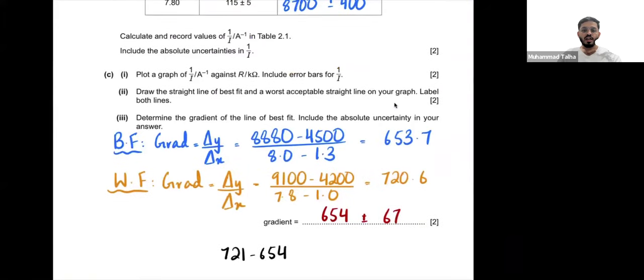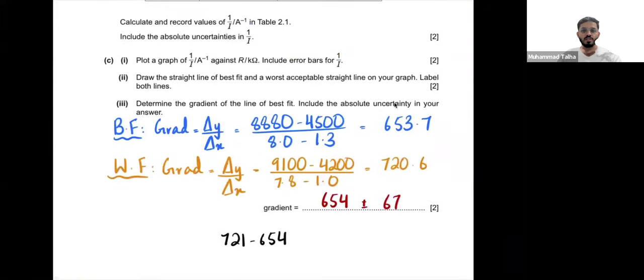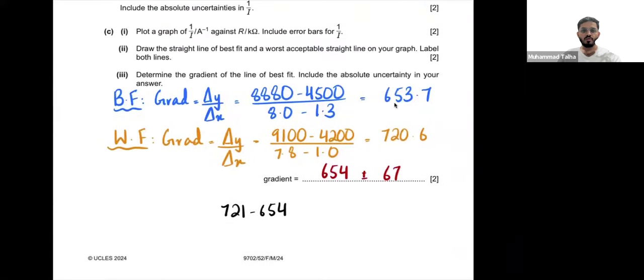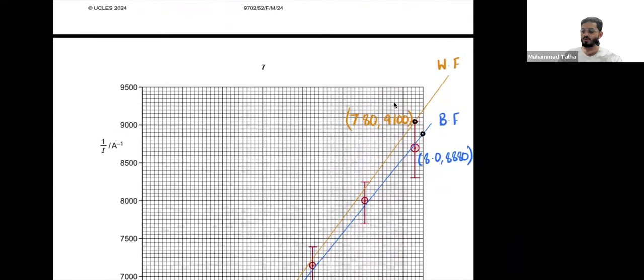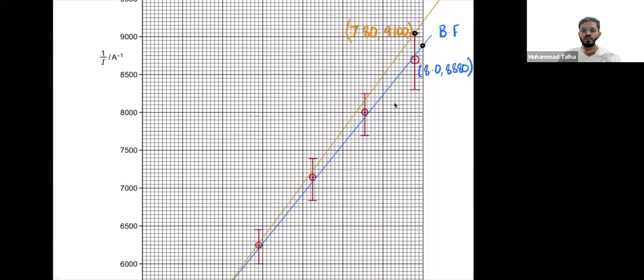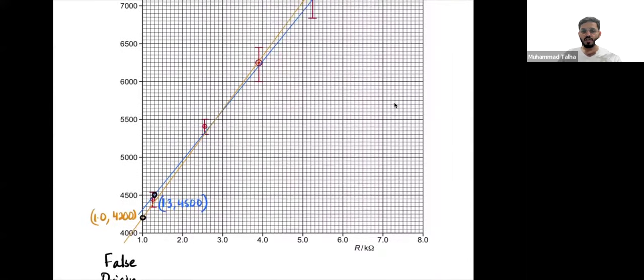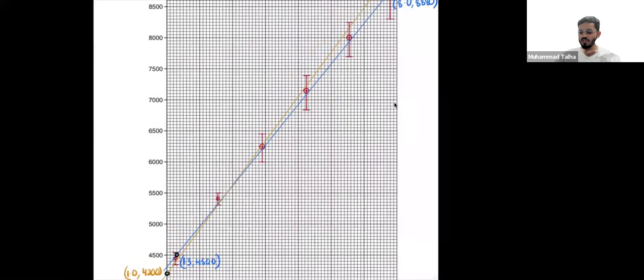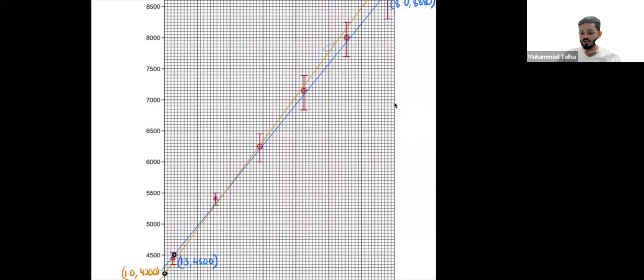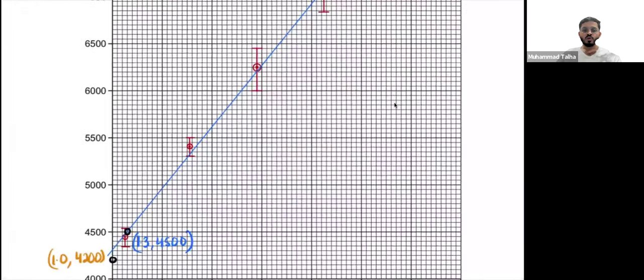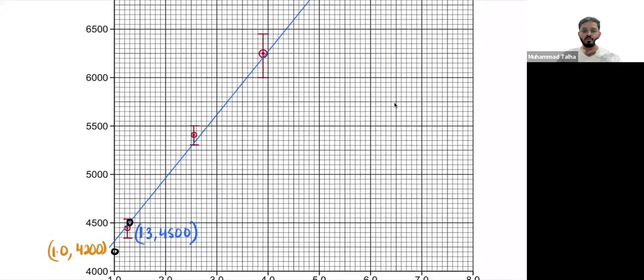Now I need to draw a line of best fit, versus an acceptable straight line as well, and you have to label both lines. Best fit is this, worst fit is this. For the line of best fit, let me get rid of this for a while, then I'll have this back in. These are all my points.